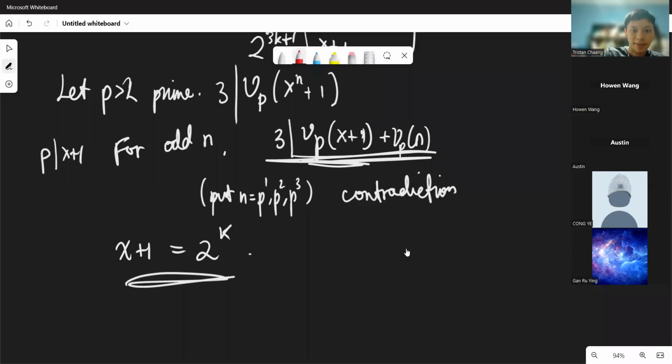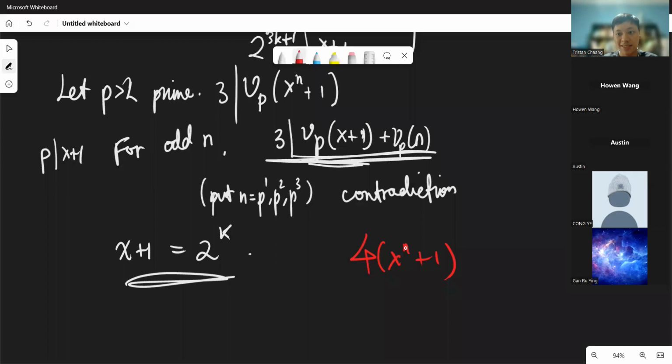Let me write this out here so we can keep looking at it. True for all n. Well, notice that if this thing works for x, it should work for any power of x.